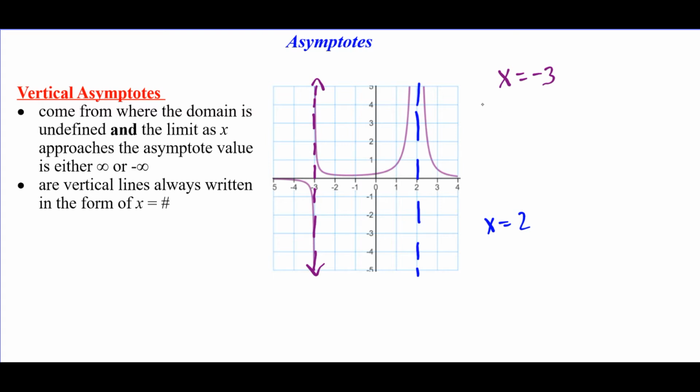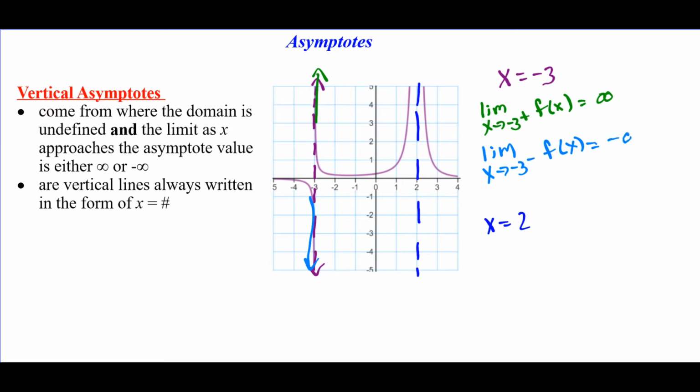If we look at the limiting values, the limit as x approaches -3 from the right is going up forever, so this one is positive infinity. The limit as x approaches -3 from the left-hand side is going down, so this is negative infinity.